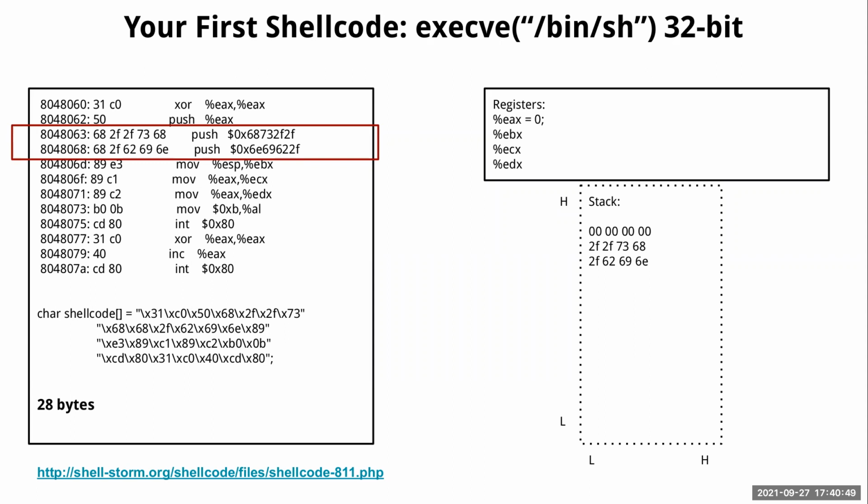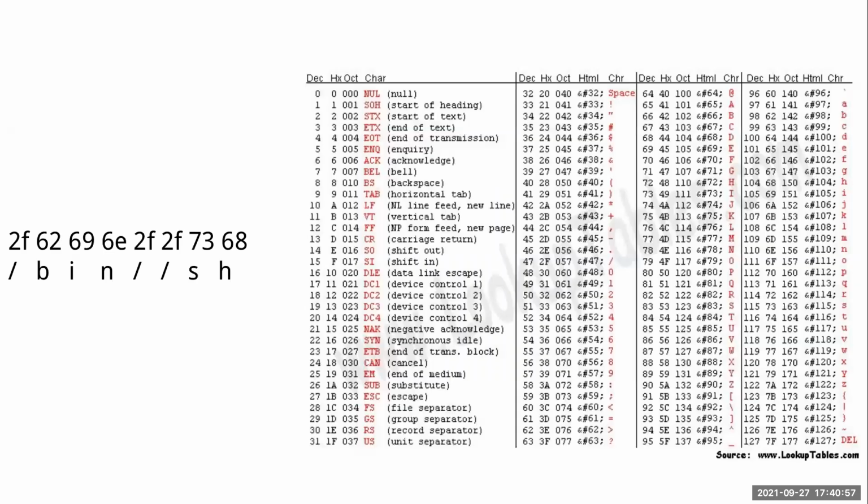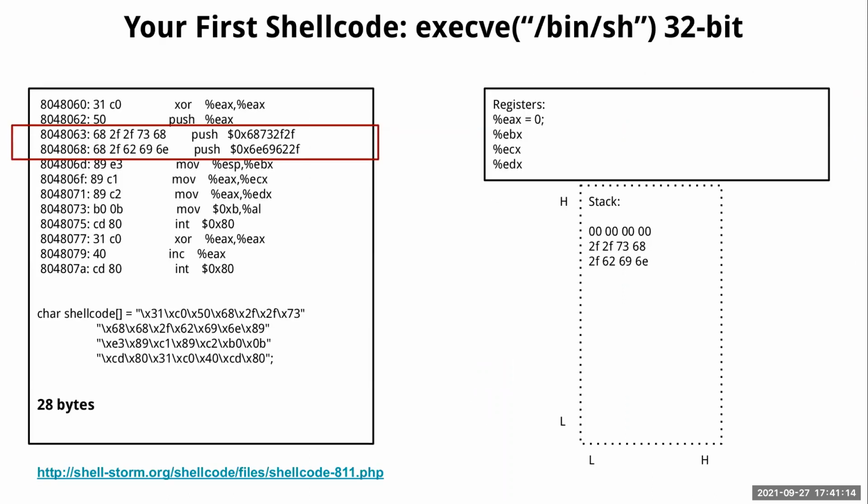So what would that string be? If we translate it to a string using the ASCII table, the string actually is /bin//sh. That is what we're pushing. Those two weird lines are pushing a string onto the stack.